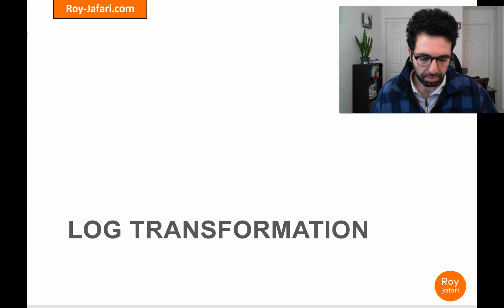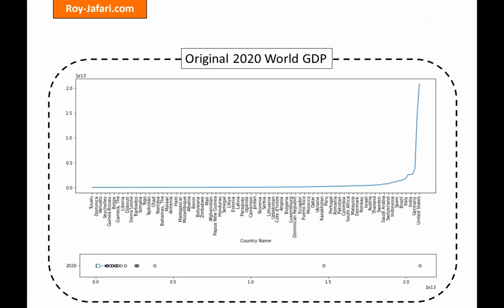So let's look at an example here together. Here we've got the 2020 world GDP. On the x-axis we've got all of the countries, and we've actually got more countries than have been written here. This is just a part of those countries, because we didn't have much space for including every country on the x-axis, but all of the countries are included in the visual.